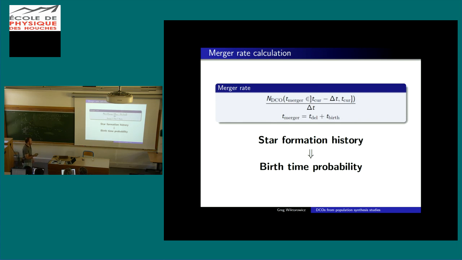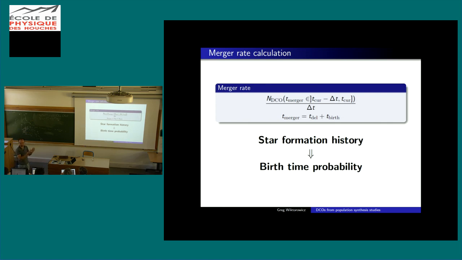Okay. So NDCO is the number of double compact objects. We can focus on one kind of double compact object, for example neutron star mergers, at a time, and we only count these double compact objects for which the merger time is between the current time and the current time delayed by delta t, so delta t years ago.